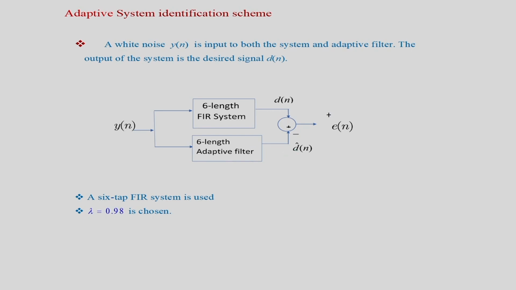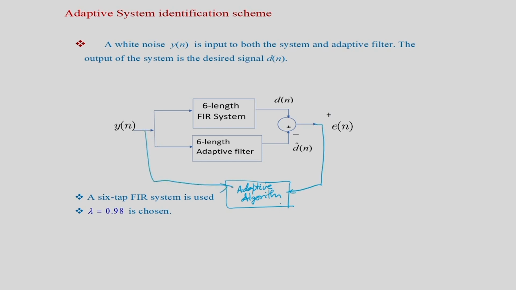This adaptive filter output is d hat(n), and d(n) and d hat(n) are compared, and the e(n) will be passed through the adaptive algorithm. So this error is sent here, and similarly y(n) will be sent here.